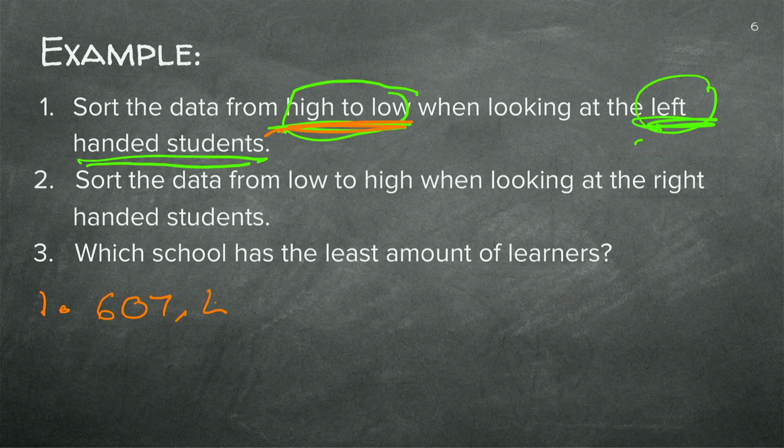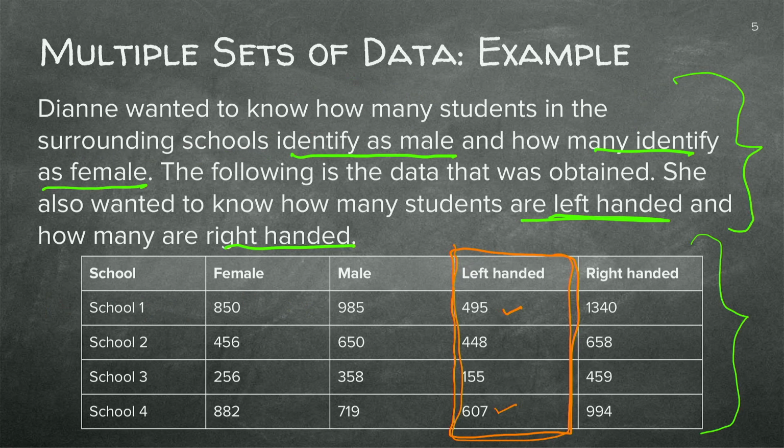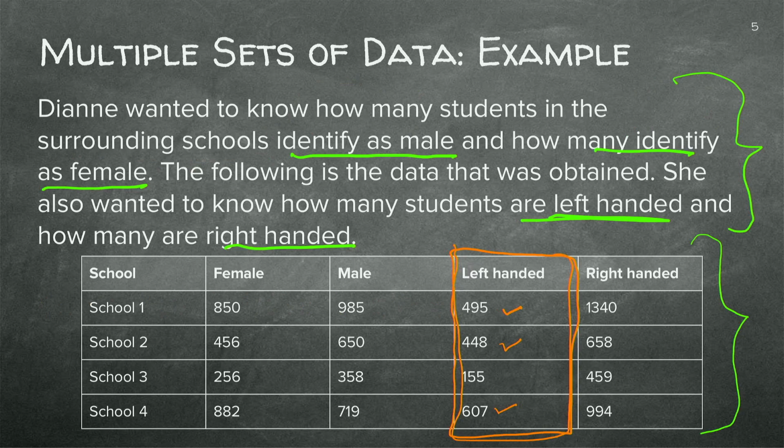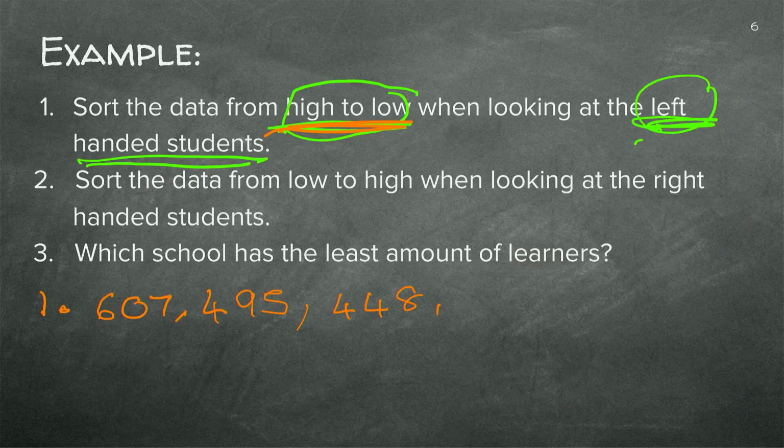So let's write that down. Then looking at our third number, 448. And our final number, which is 155. So we've done the first question.